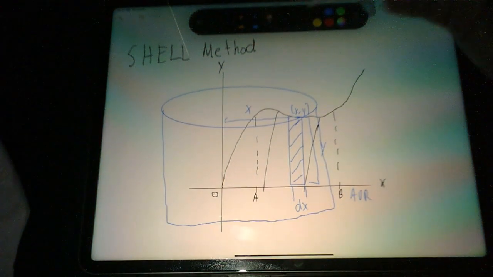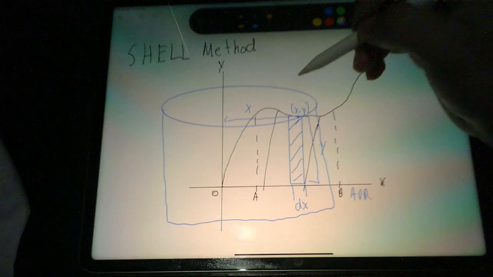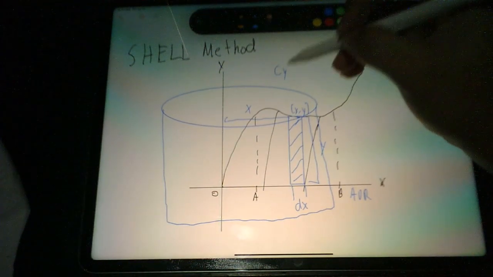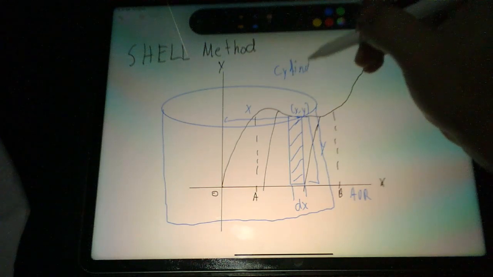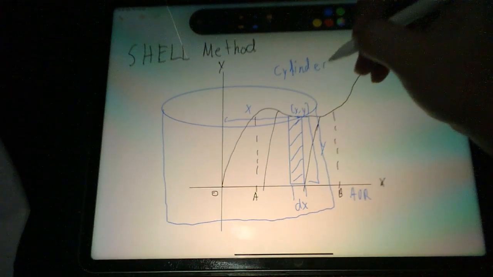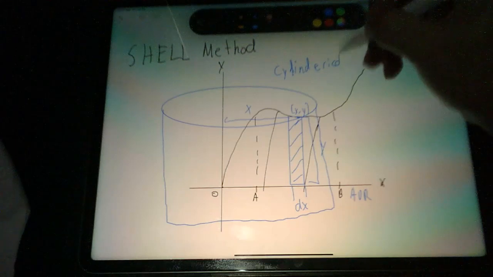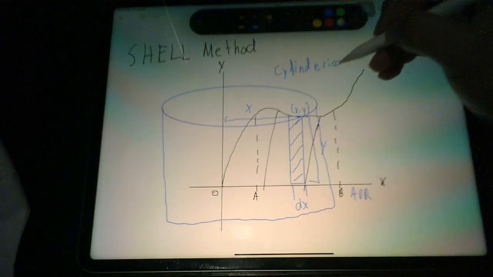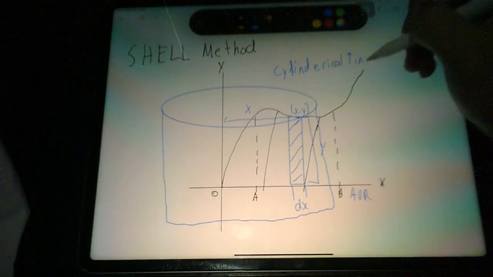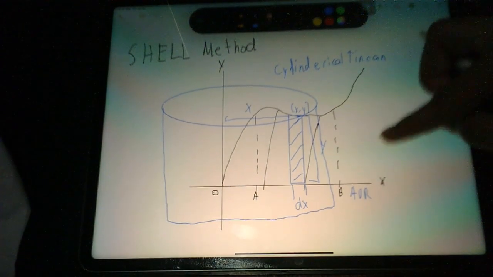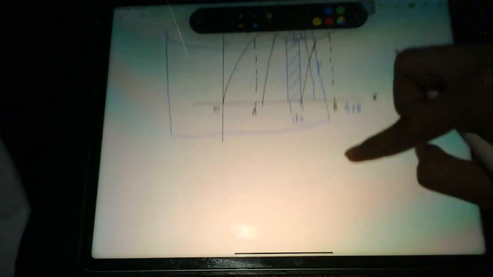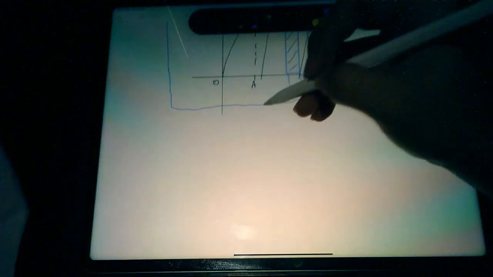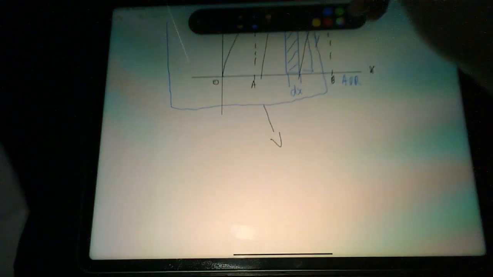So this is our tin can, so this is called the cylindrical tin can. Now we move this tin can here in the bottom. Let's make it this way.